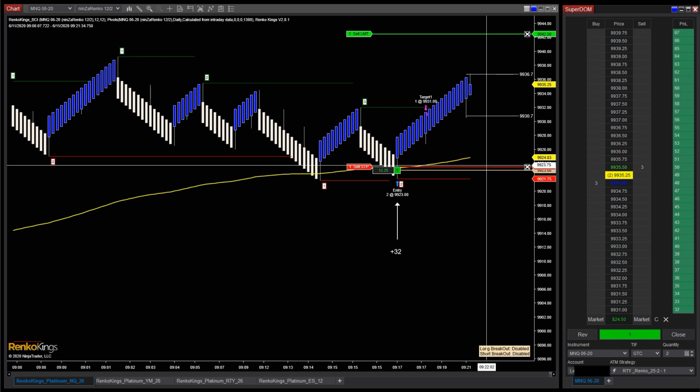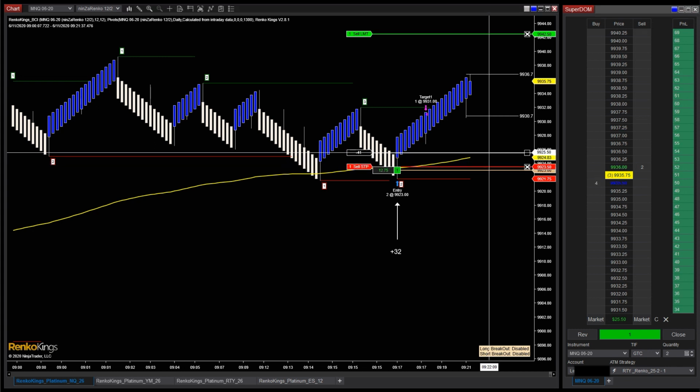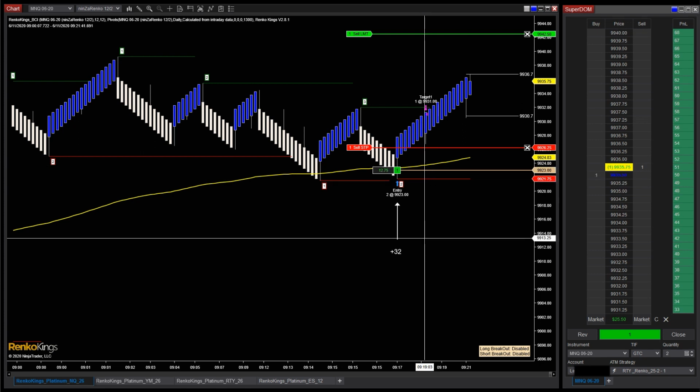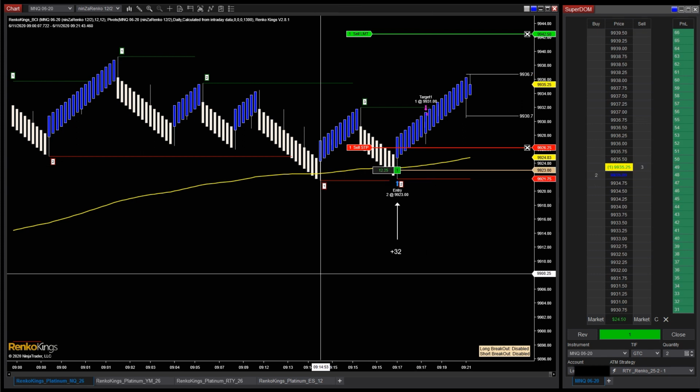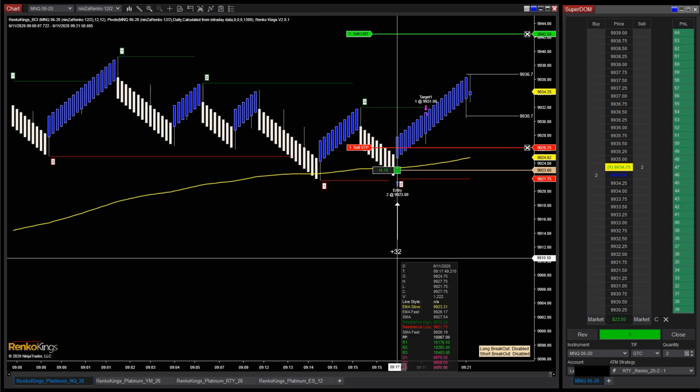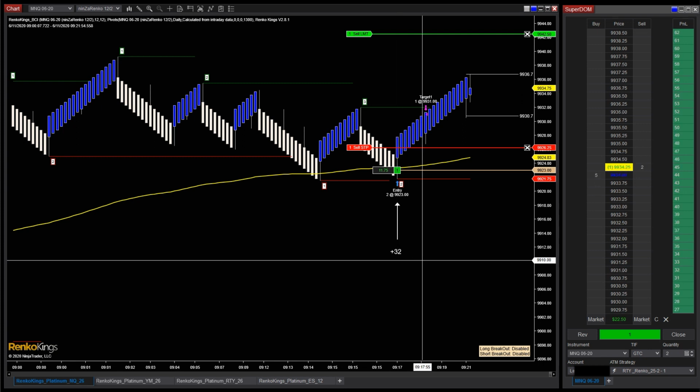Okay, so that closed up. So I'm going to go ahead and move the stop just down here below the significant wick right here. And I want to go ahead and see what this low is. This low was 21.5, and this low was 21.75, so just a tick higher.